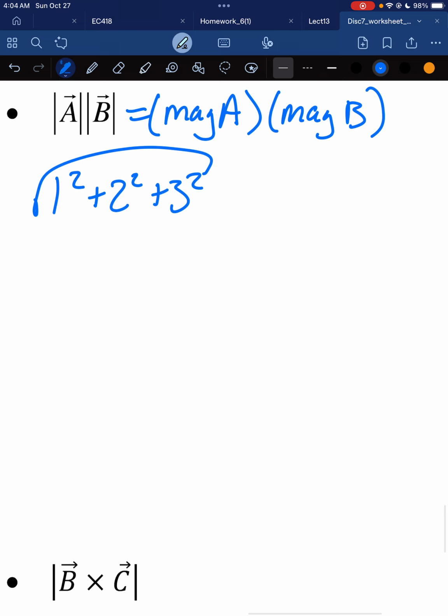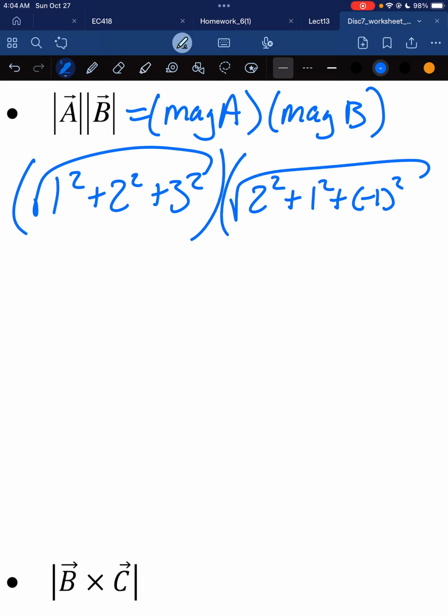And then the magnitude of B is going to be 2 squared plus 1 squared plus -1 squared, and the square root of the entire sum. And we're going to multiply these two together, and we're just going to get square root of 84.